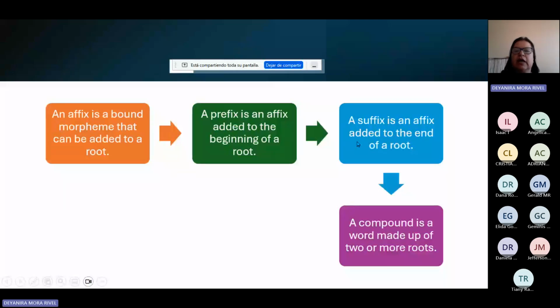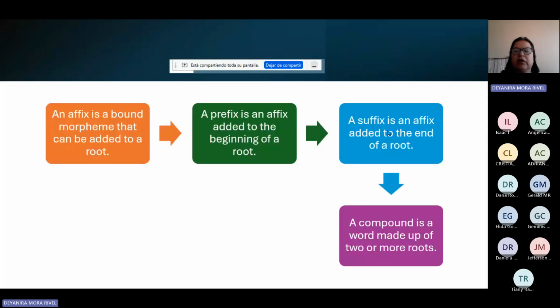But if I use the word relationship, then ship is a suffix because it's added at the end, and it also does not have meaning on its own. It can be the word ship, which would be a free morpheme, but let's say government.